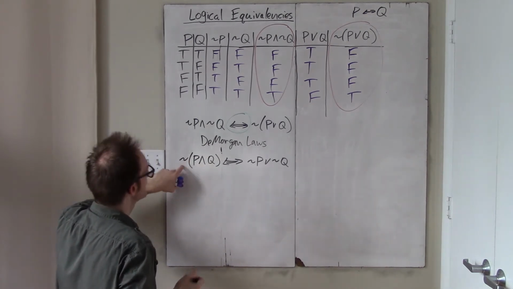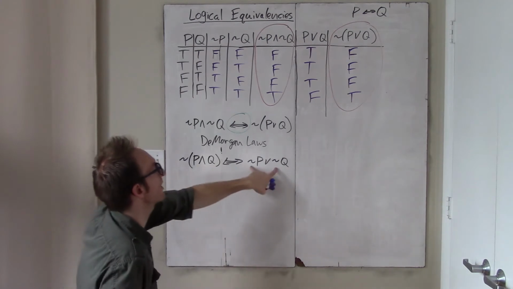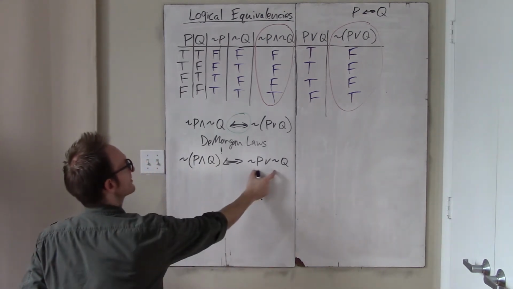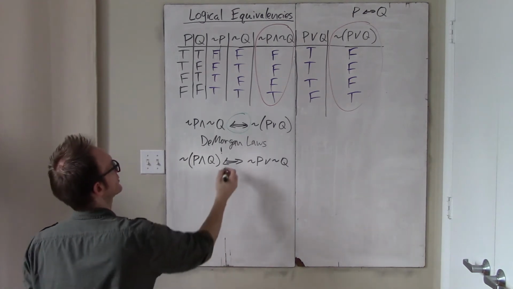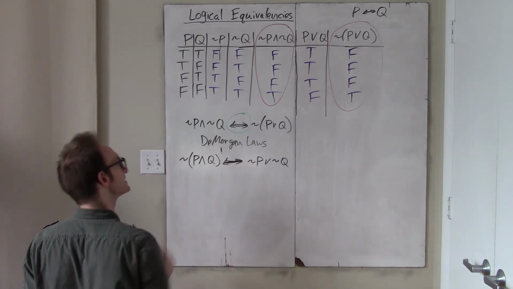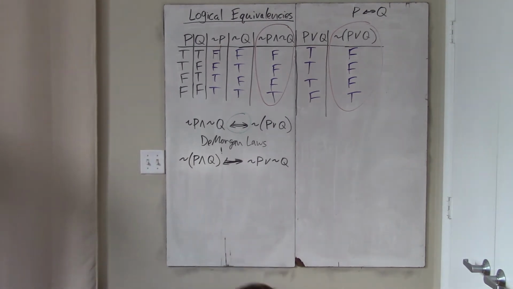It says that if it's not true that P and Q, then one of them must be false. And vice versa, if one of them is false, then it's false that they're both true. Okay, so a truth table is sort of superfluous, or at least I'm convinced already with just that.